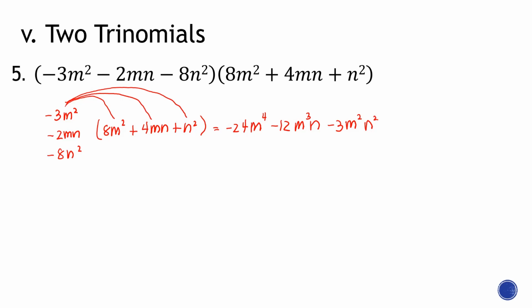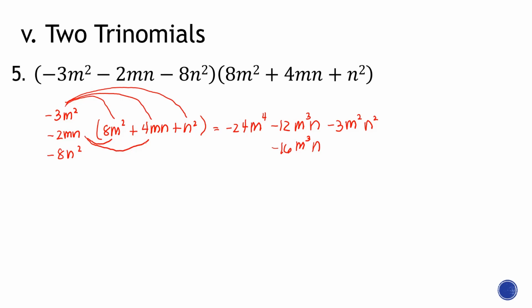Okay, so we are done with the first term. Let's do this second term. Negative 2 times 8 is negative 16, and I'm going to put that here. M times m squared is m raised to 3. There's an n, so I would just put the n here. Okay, next is negative 2mn times negative 4mn.